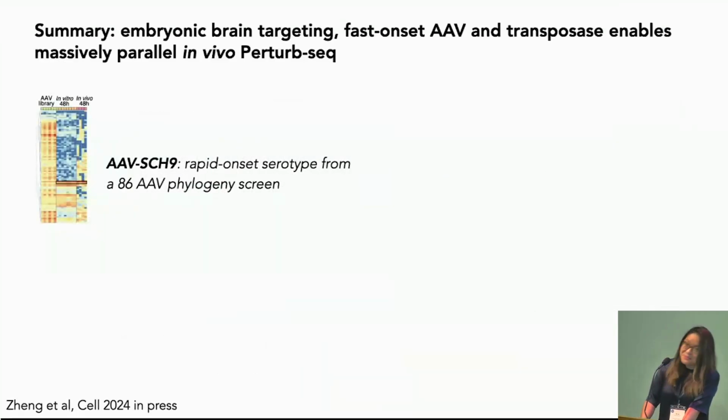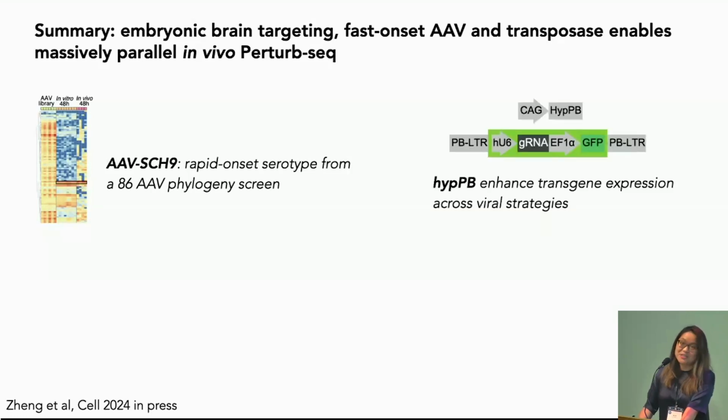So just to summarize what I've told you in the progress of building these AAV-based in vivo Perturb-seq systems, we identified through a cross-phylogeny screen a fast AAV variant called SCH9 that accelerated gene delivery to 2 days.